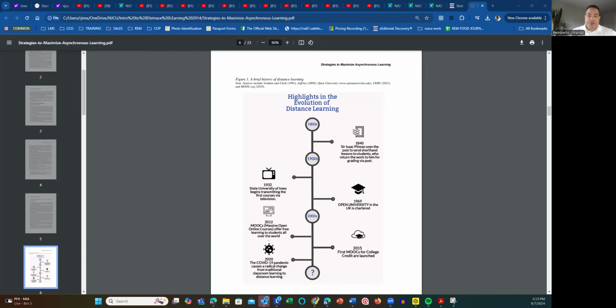Materials would get sent out, students would review the materials, and through some form or fashion be able to connect back to the instructor. Now, in 2012, we saw the emergence of what we call MOOCs.